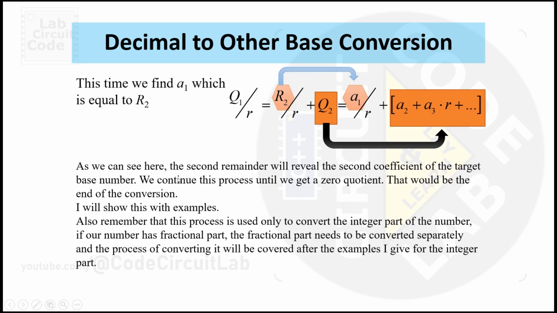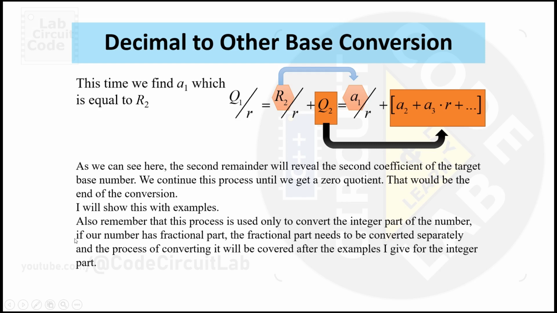As we can see here, the second remainder will reveal the second coefficient of the target base number. We continue this process until the quotient part of the division is 0. That would be the end of the conversion.